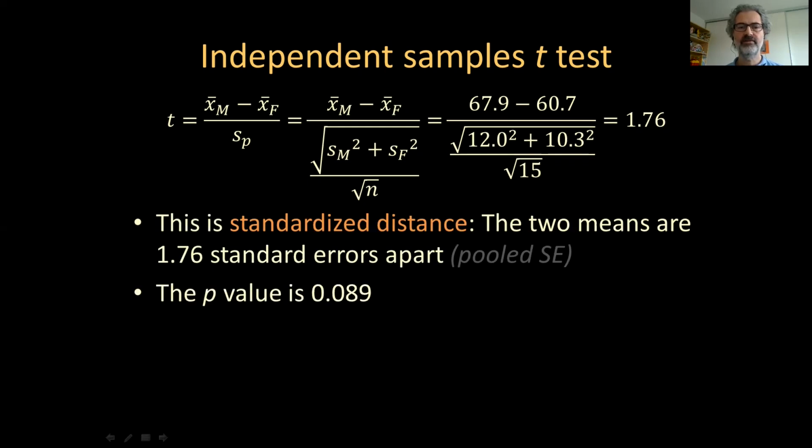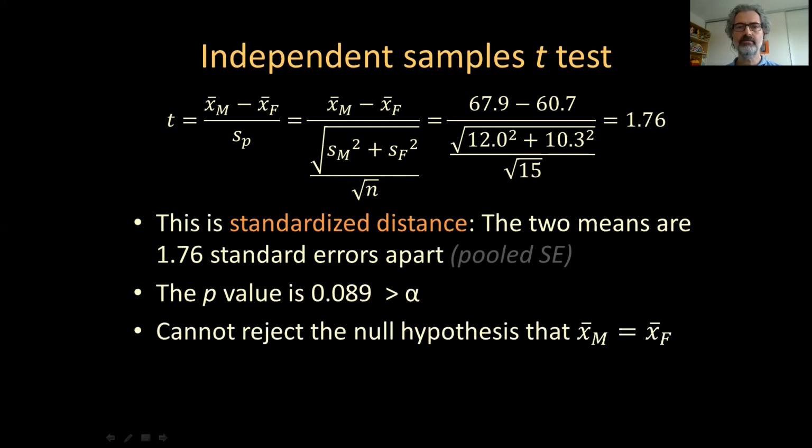The p-value for this one is 0.089, which is greater than our alpha level. Therefore, we cannot reject the null hypothesis that the two means are equal. That was the null hypothesis, that their difference is equal to 0. In other words, that they are equal. Or in other words, that the t-value is 0.